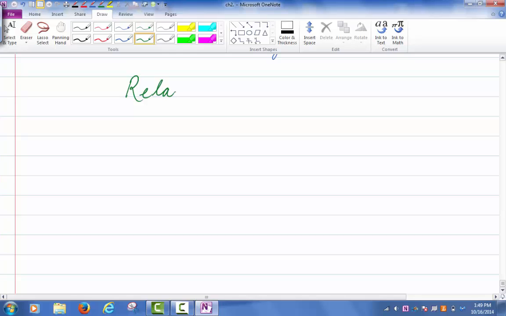So this section has application-oriented problems. Basically, these are word problems, and these are applications of implicit differentiation.